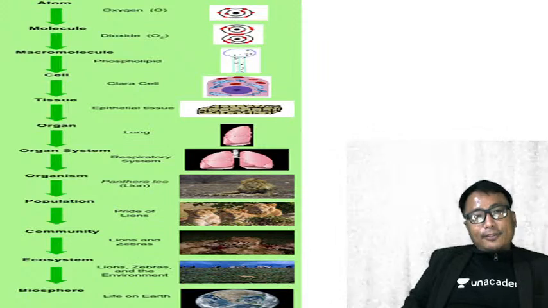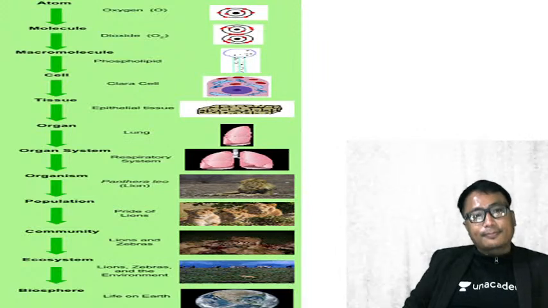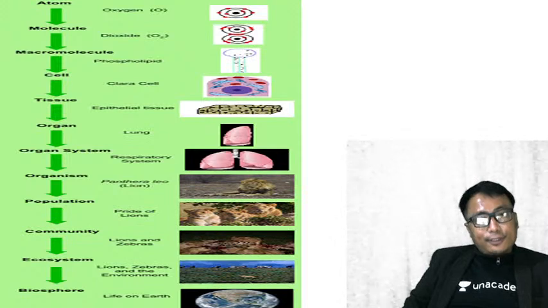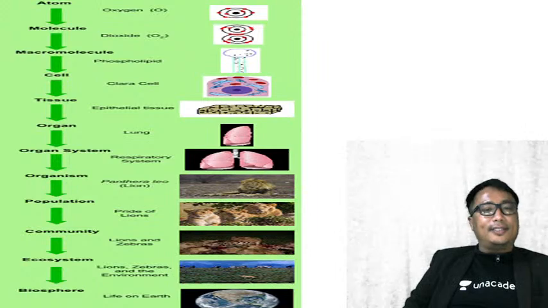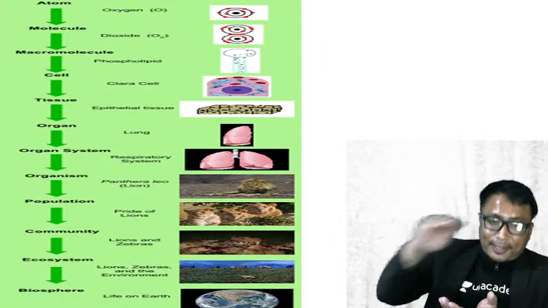Atoms combine together to form molecules. Molecules combine together to form macromolecules. They form cells, tissues, and organs. After organs, you have the organ system. After the organ system, you have the organism, meaning now the organism has come into being.